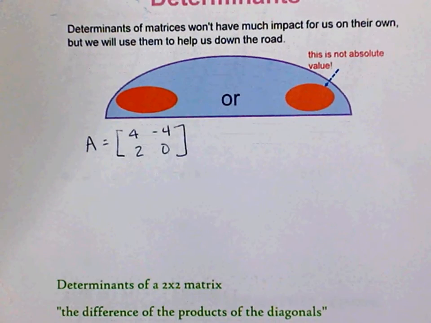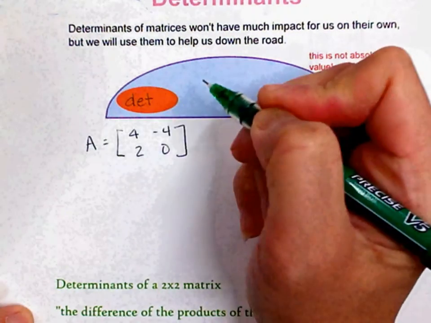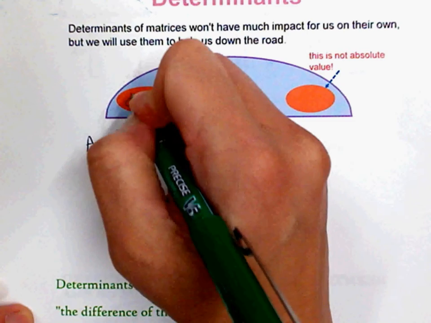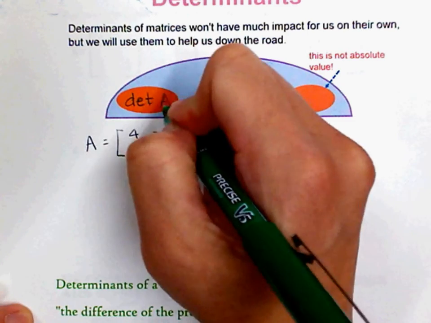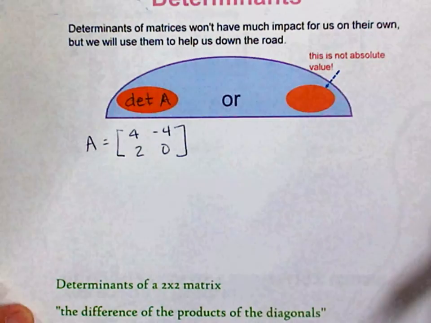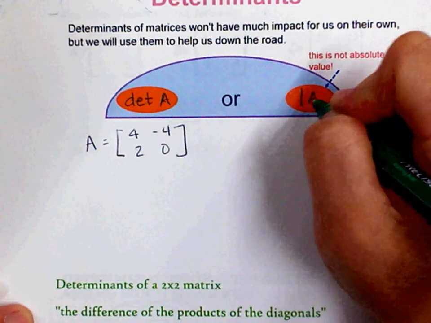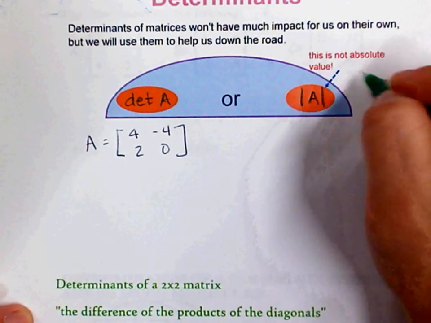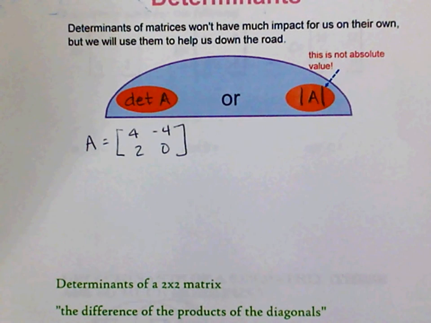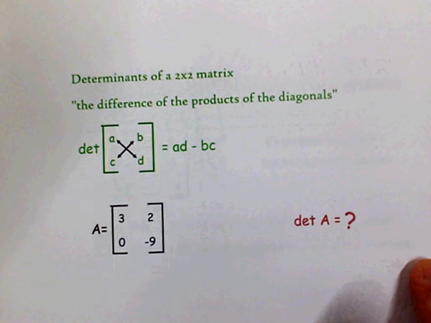You can write it like this: the letters DET and the name of the matrix. Okay? So here's one way you can write it. DET, you are telling me the determinant of a matrix, or you can write it like this: a line with an A and another line. It does not mean absolute value. So there's one way you can tell if it's a determinant. So now let's take a look at an example.